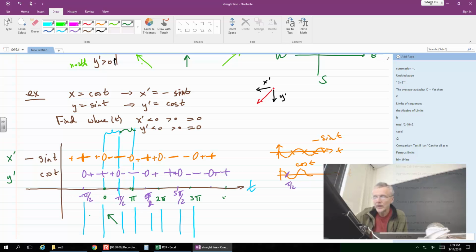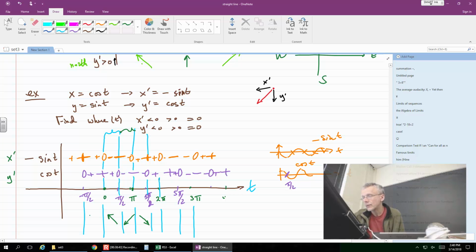So it's southwest. And then on and on. Next one, we are still moving south. Y prime is negative, but x prime becomes positive, so instead of moving west, we're moving east. So now it's southeast, which is this.